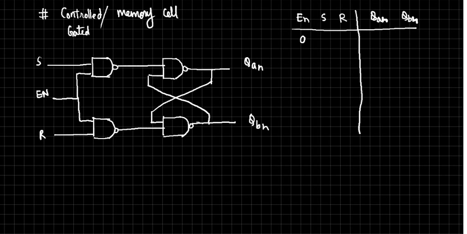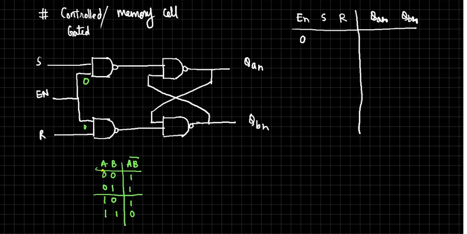So let it be 0. Let me write the NAND table just for convenience. 0 1 1 0 1 1. Let this be A and B bar. So this is 1 1 1 0.